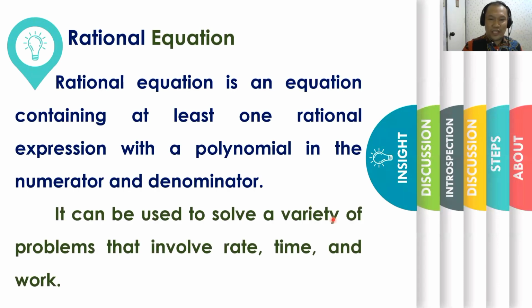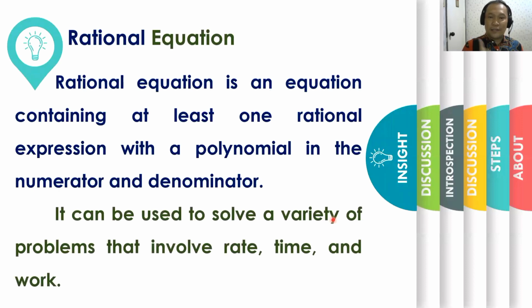Okay? Now remember, a rational equation is an equation containing at least one rational expression with a polynomial in the numerator and denominator. And if you want to solve a rational equation, always remember the four steps. Number one, get the LCD. Number two, use the LCD and multiply both sides by your LCD.